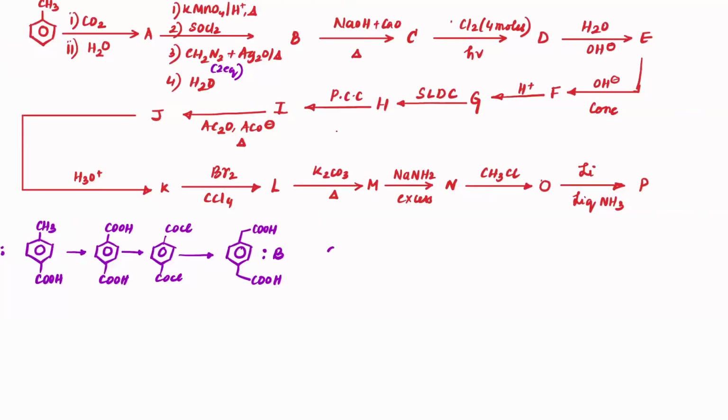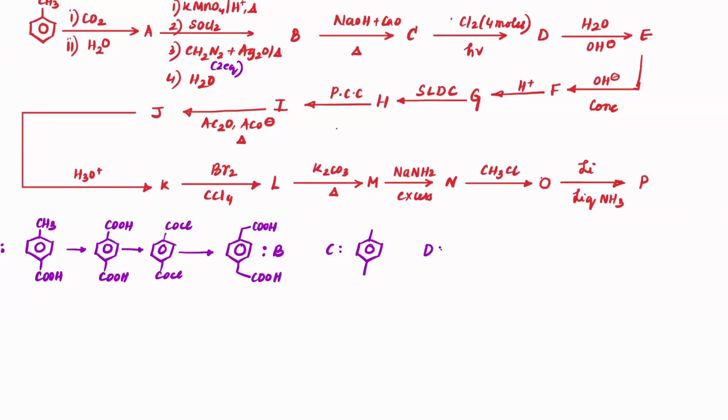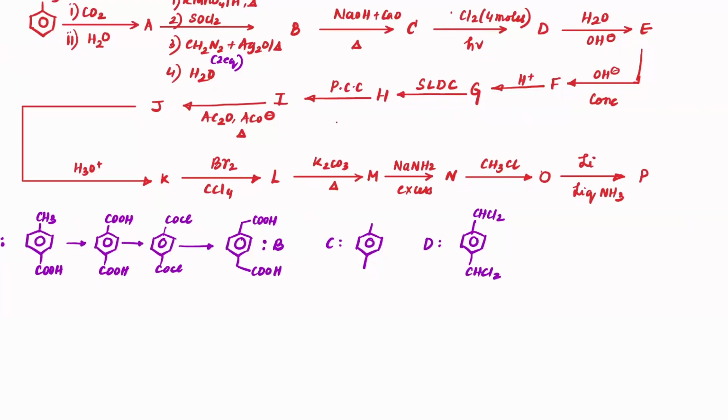Now from B, we can get decarboxylation done. So we'll get CH3 and CH3. This is C. Then D is, you are using only 4 moles of chlorination done. So you'll get CHCl2 up, CHCl2 down. This is D. Then E is hydrolysis for the same.